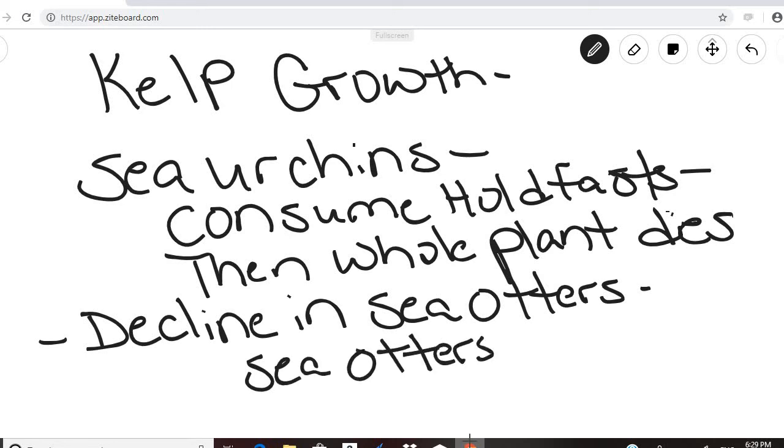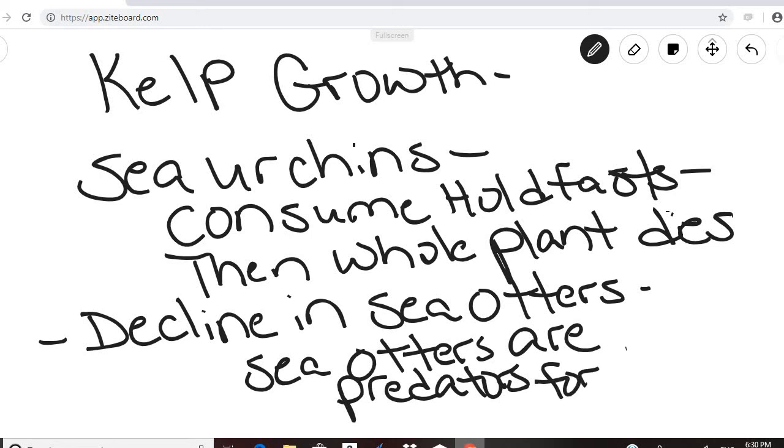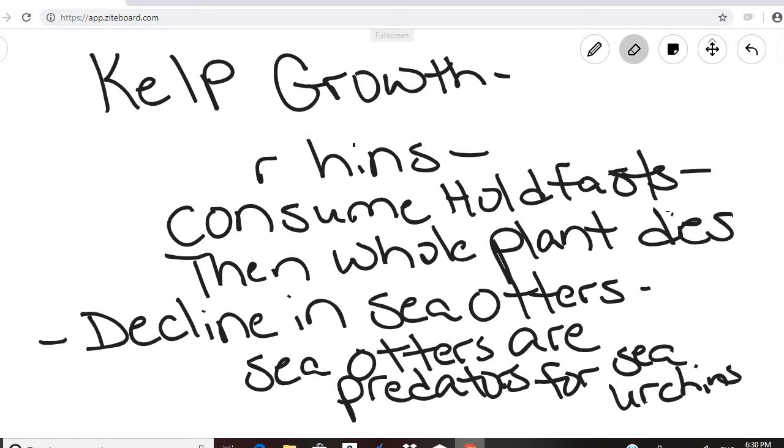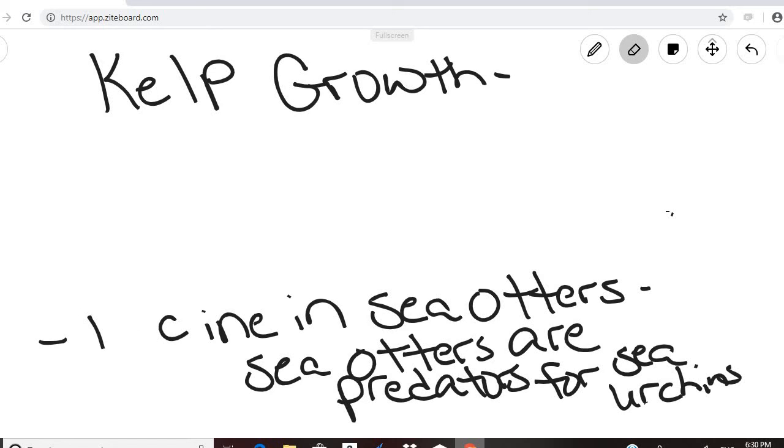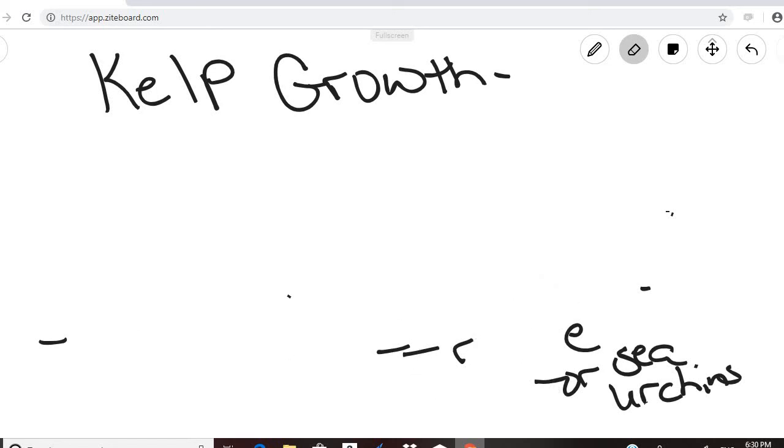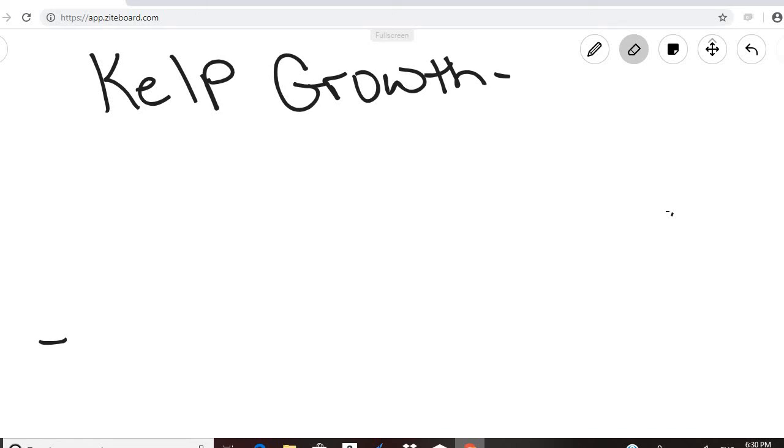And so if the population of sea otters is decreasing, then you're going to get an overpopulation of sea urchins, and then that affects the kelp forests. So that's one factor. And there are a number of things that can lead to the decrease in the sea otter population. Pollution. Some people think that with the warming oceans, we may get a decrease in sea otter population.